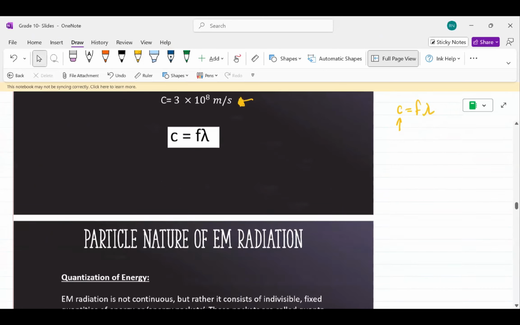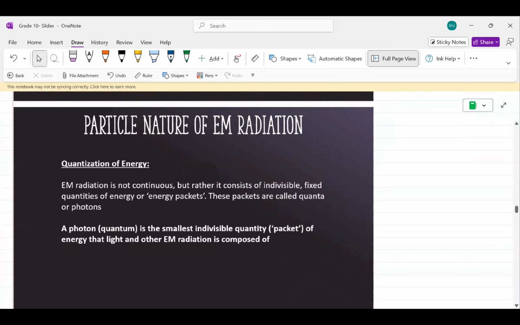Okay, and then we get the nature of a particle. So electromagnetic radiation isn't continuous, like where we had a rope, right? It was continuous, like one particle touched another particle, which transferred energy in that way. But it's actually made of these tiny little energy packets, right?